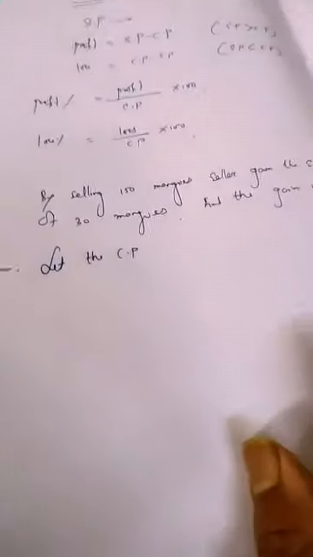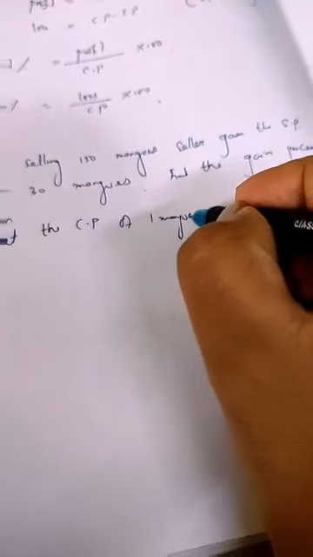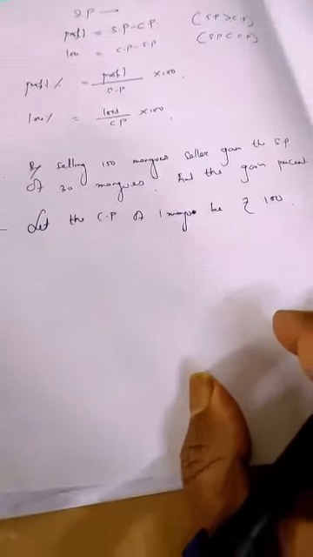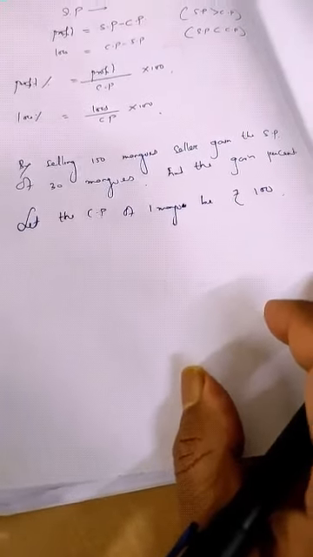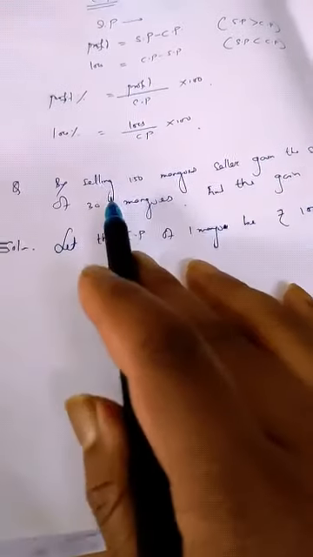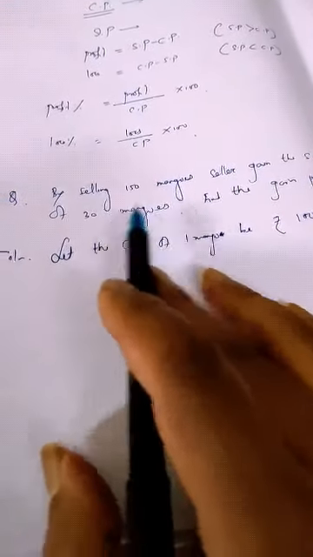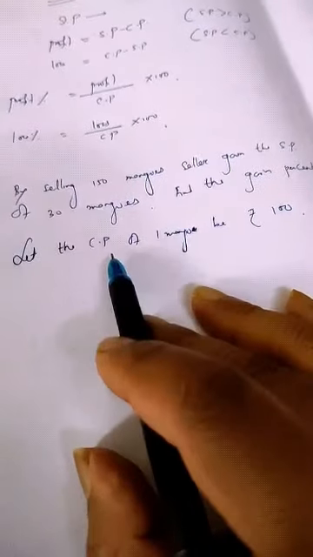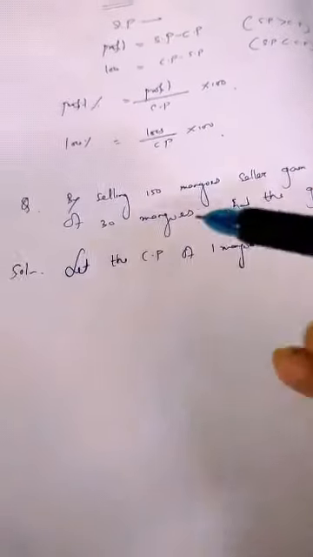First you have to take cost price. Let the cost price of 1 mango be rupees 100. Now, not the cost price, let the selling price of 1 mango be rupees 100.